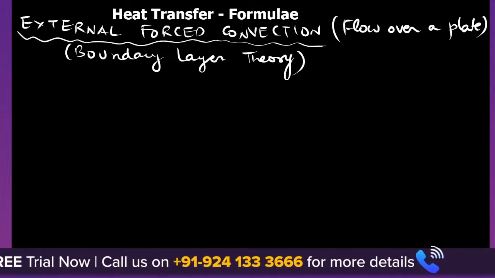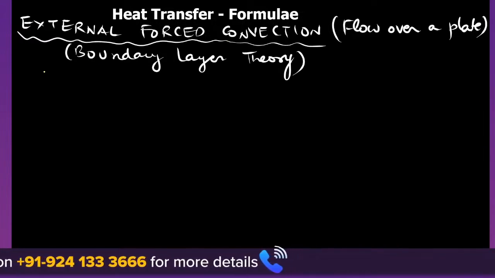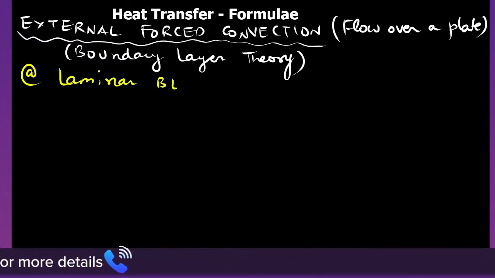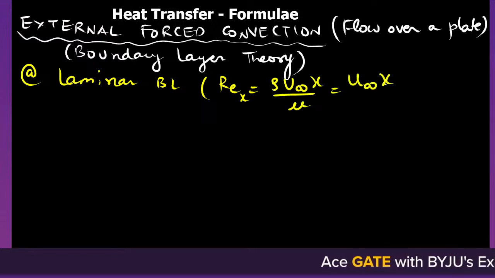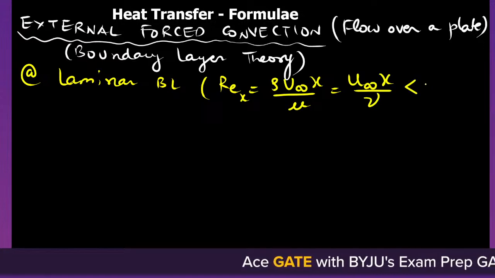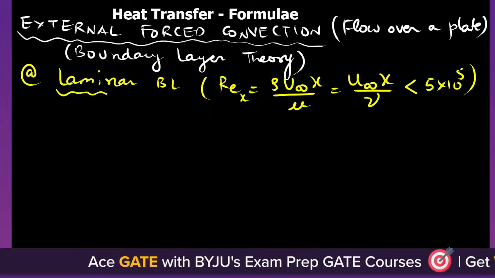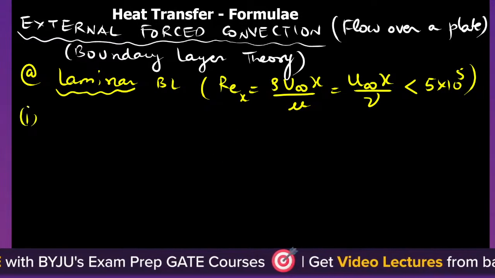So there are some important formulas you should remember. One is for the laminar boundary layer. When do we have a laminar boundary layer? When the local Reynolds number, rho u infinity x by mu, or u infinity x by kinematic viscosity, is less than 5 into 10 to the power 5.